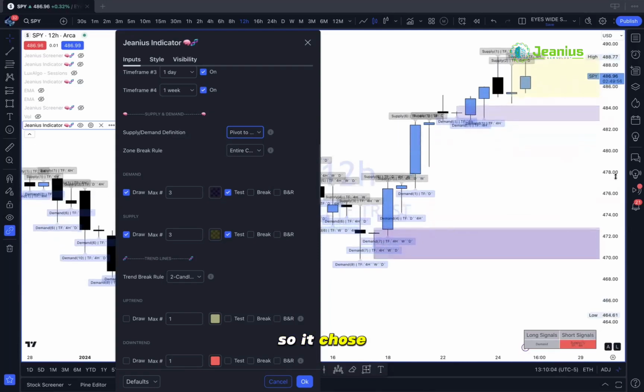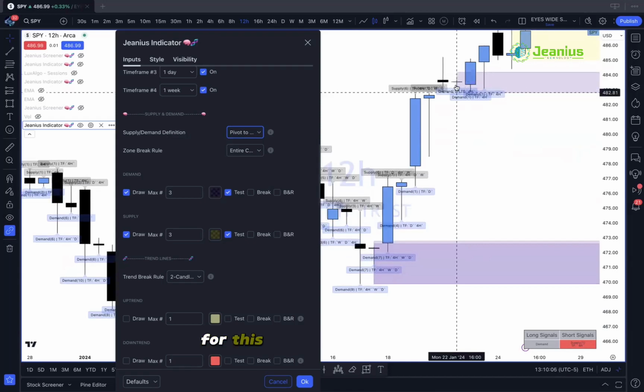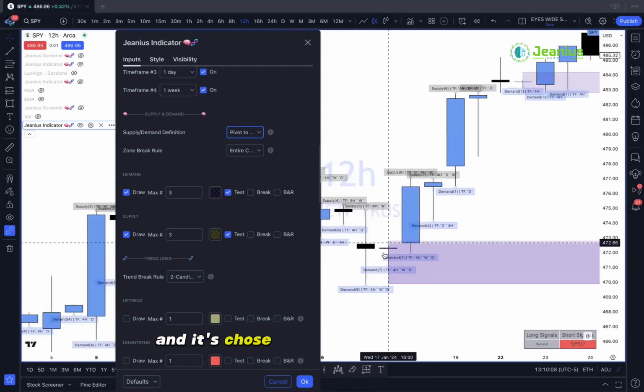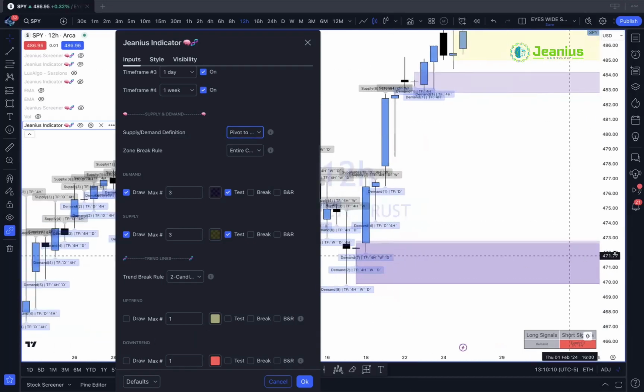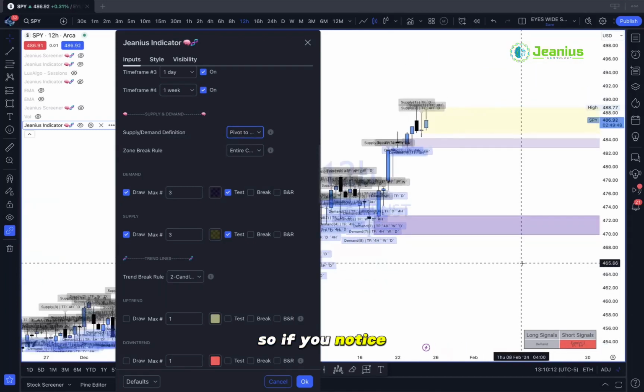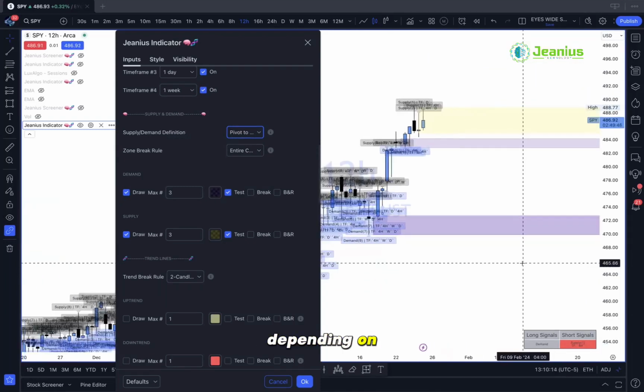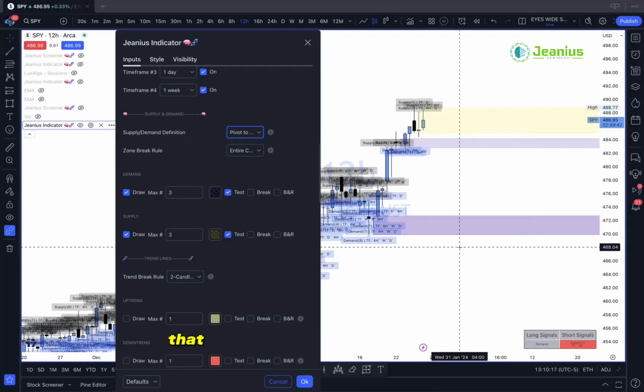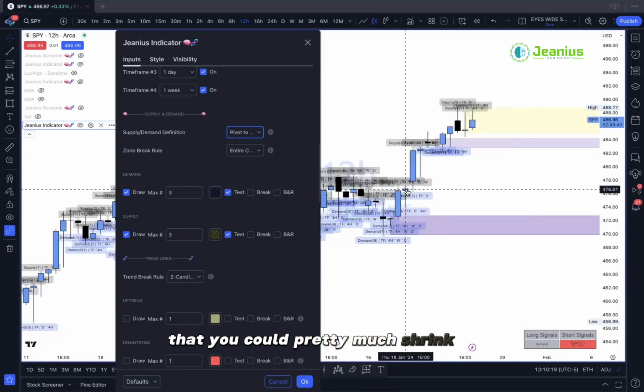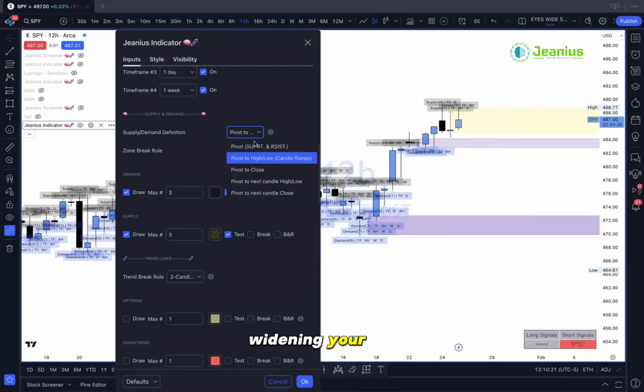So it chose this candle here for this candle's high and low, and it chose this candle's high and low. So if you notice, depending on the setting, you could pretty much shrink or widen your supply and demand zone depending on what your rule is.